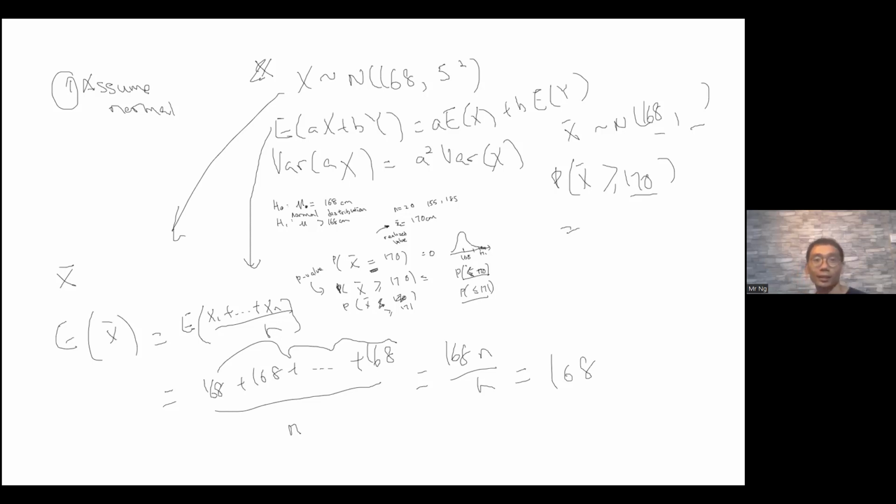After that, the variance of this equals the variance of (x1 plus dot dot dot plus xn) divided by n.